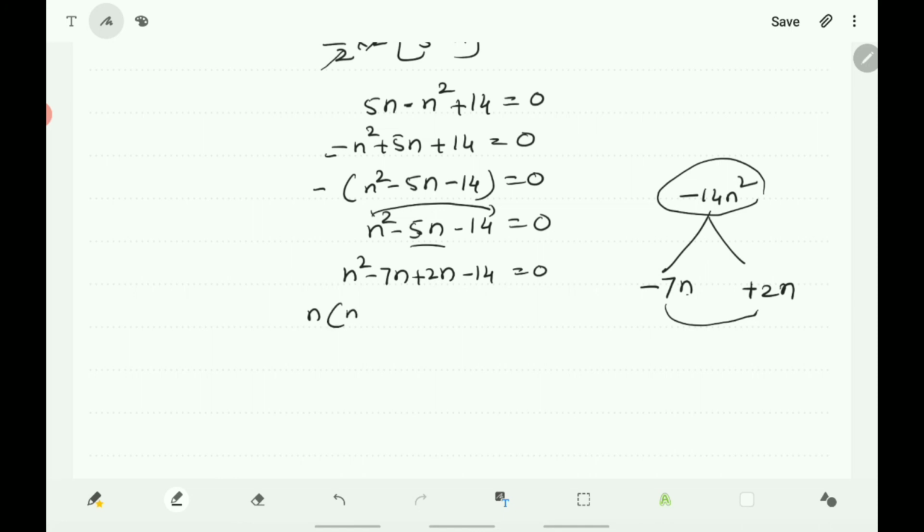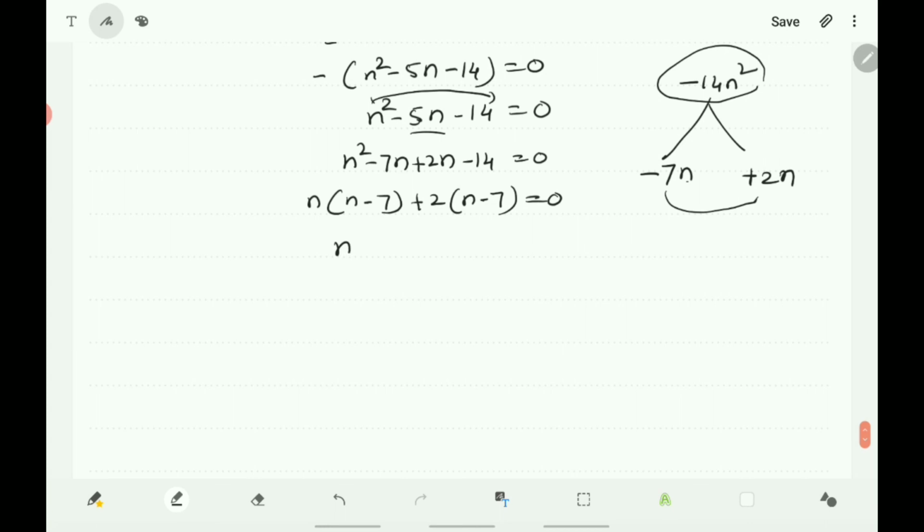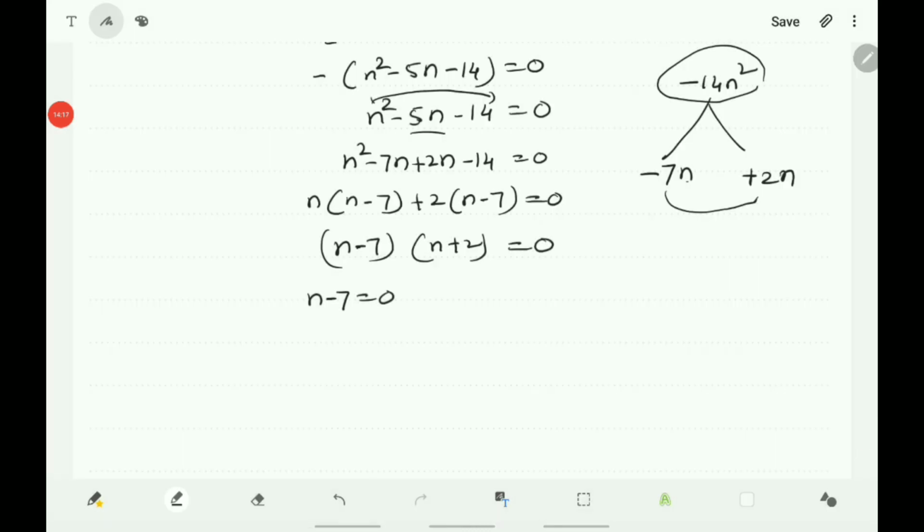n into n minus 7 plus 2 into n minus 7 is equal to 0. Here n minus 7 is common, so n minus 7 into n plus 2. Here you got the two factors, n minus 7 and n plus 2. So equate each factor to 0. n minus 7 is equal to 0, n plus 2 is equal to 0.